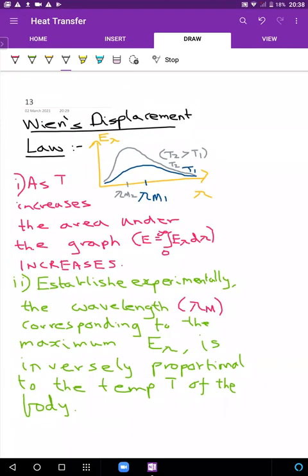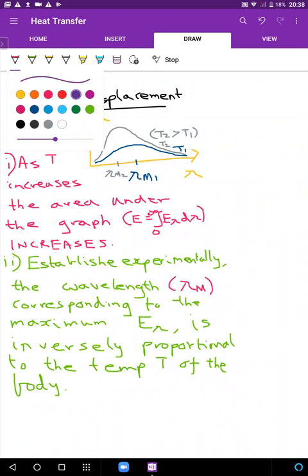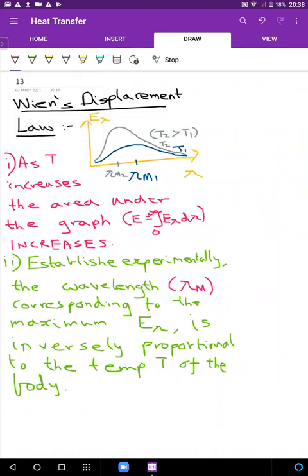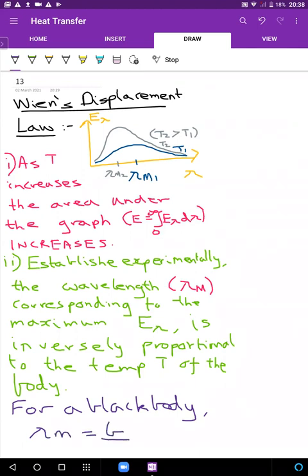Okay? And now his law essentially says this, that for a black body, you're going to find that the wavelength corresponding to the maxima is nicely related to temperature by this simple equation.